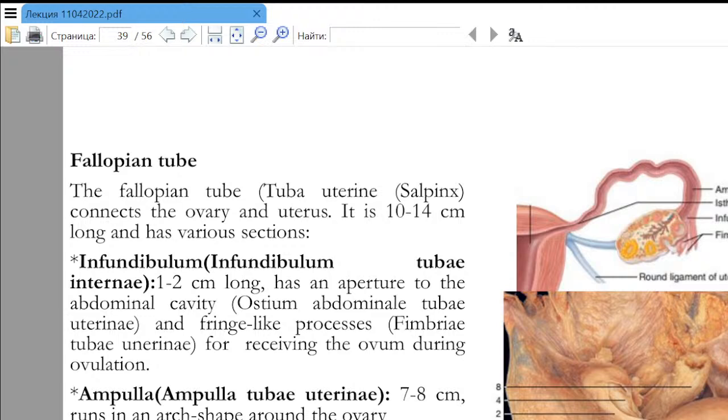Next part, ampulla tubae uterinae, 7-8 centimeters, runs in an arch shape around the ovary. Next, isthmus tubae uterinae, 3-6 centimeters, a constriction at the passageway to the uterus.